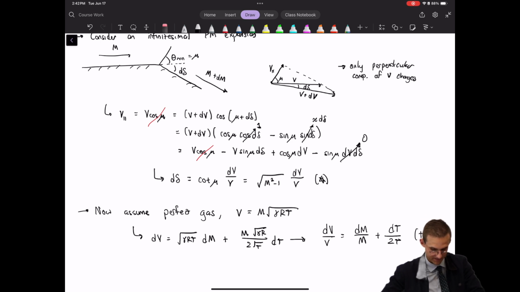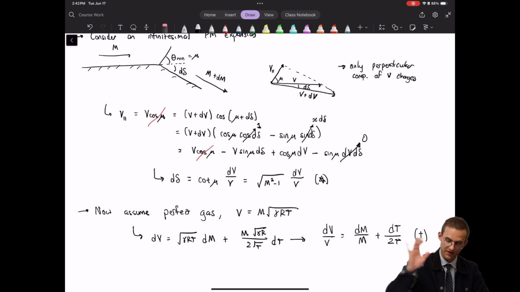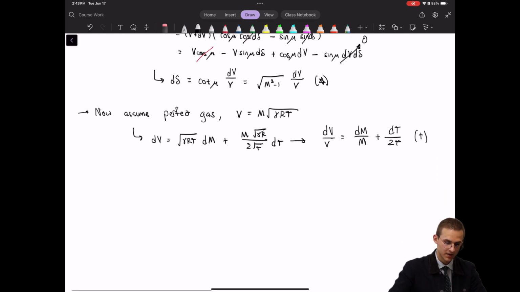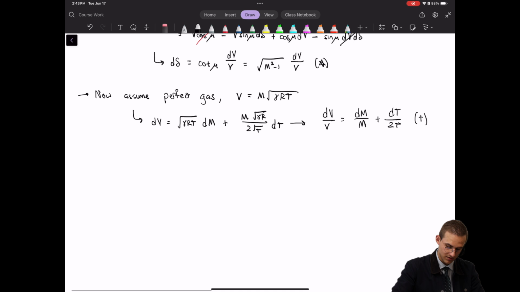So we have the star relation, we have the dagger. Let's hunt for a couple more. So first, let's recall the stagnation temperature, where we have the stagnation temperature being equal to T times 1 plus gamma minus 1 over 2 M squared.